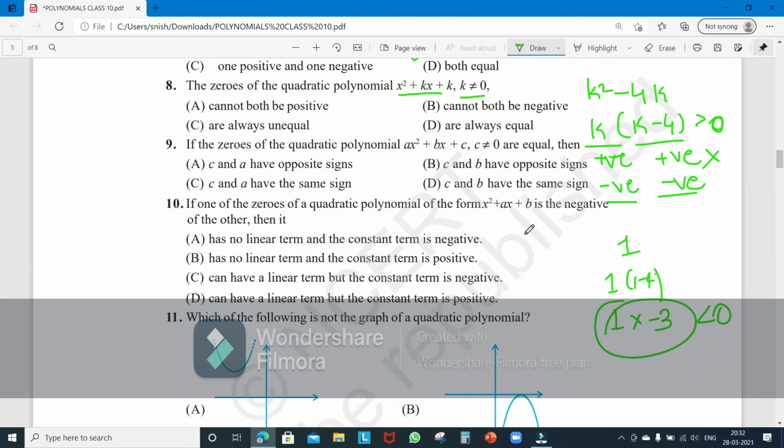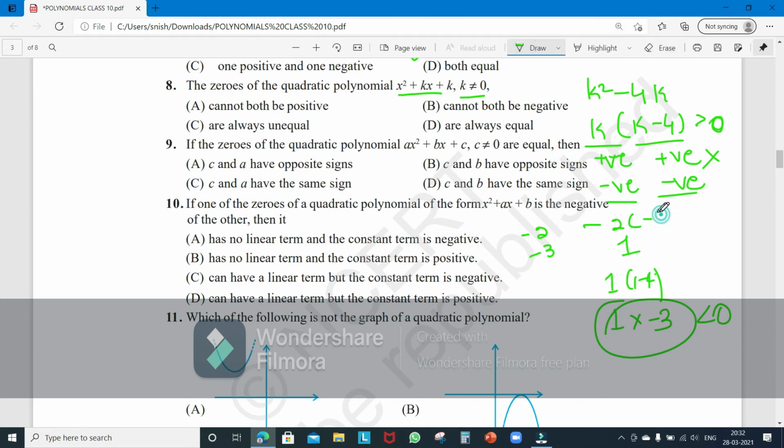Why is that so? Let me take minus 2 as an example. If I take minus 2, then you'll get minus 2 into minus 2 minus 4, right? Wait, just a minute.